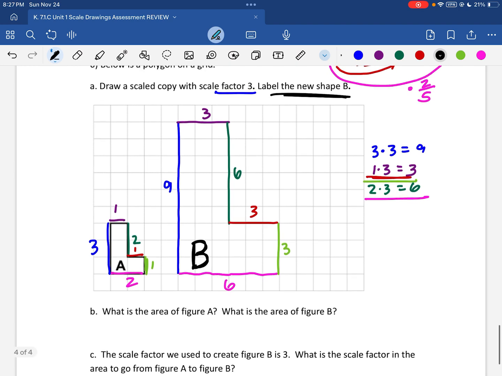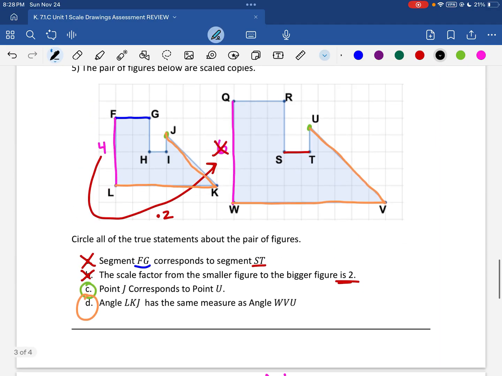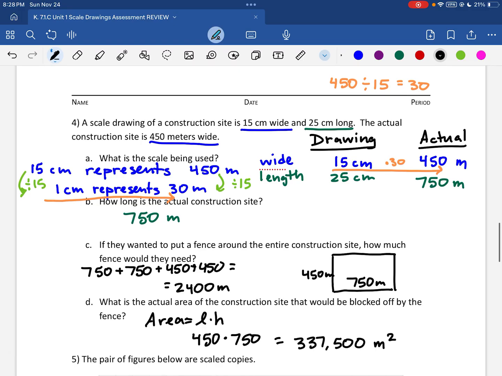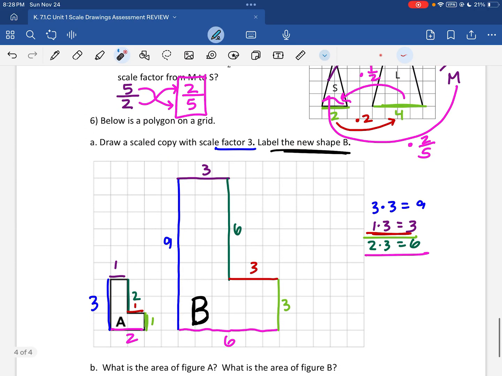Part B now says, what is the area of figure A and what is the area of figure B? Remember, area is the space on the inside. So in our last problem, I found the space on the inside by doing some multiplication. If I wanted to know what was there, I simply multiplied. Now this is an irregular shape, so you can still find ways to multiply.